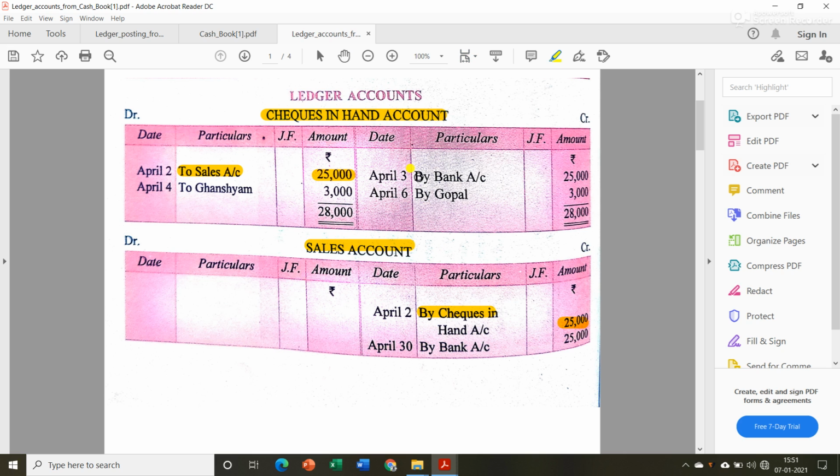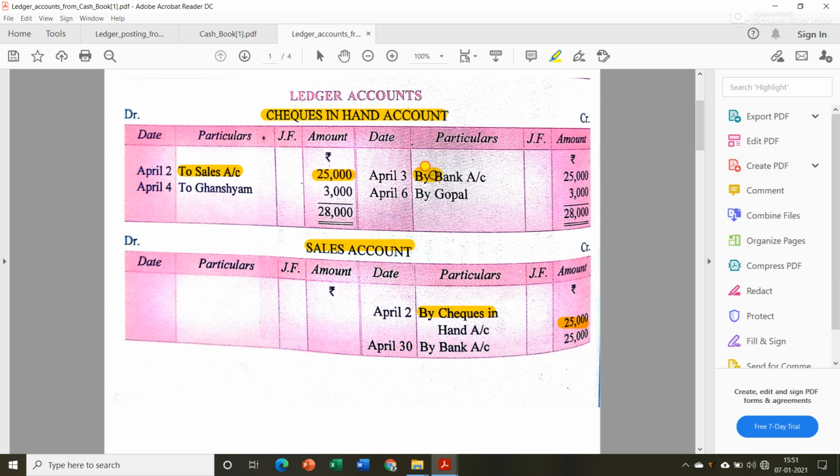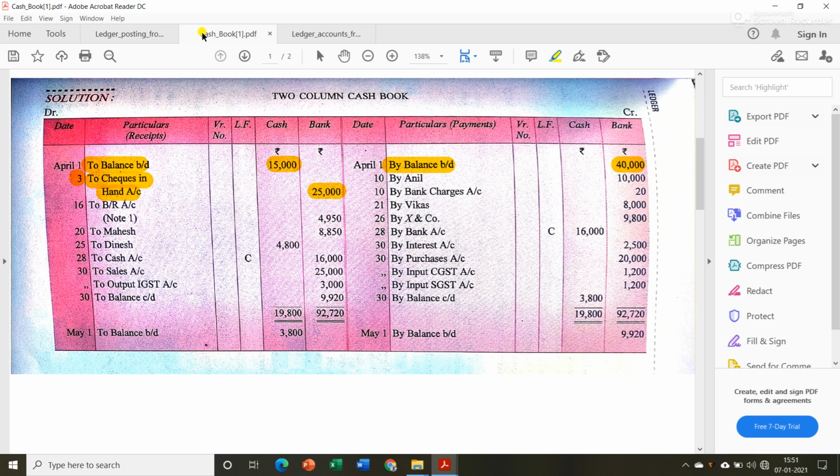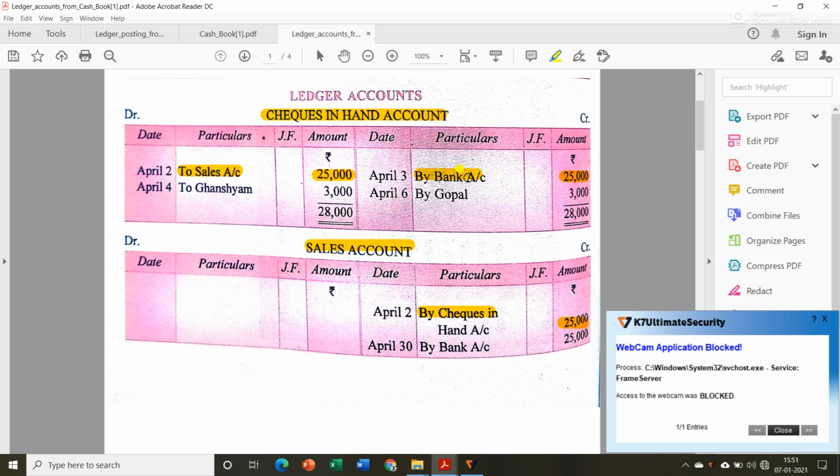And since we received money in the bank account, we wrote 25,000 in the bank column, so in here we will write by bank account 25,000. Since we are not supposed to prepare bank account in the ledger, our entry here is finished.